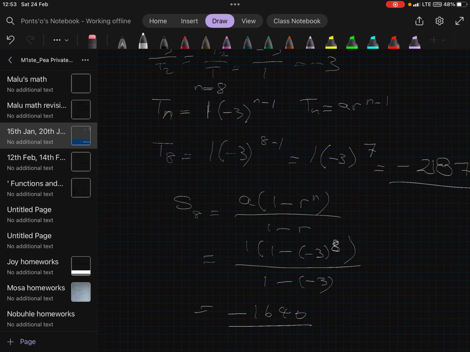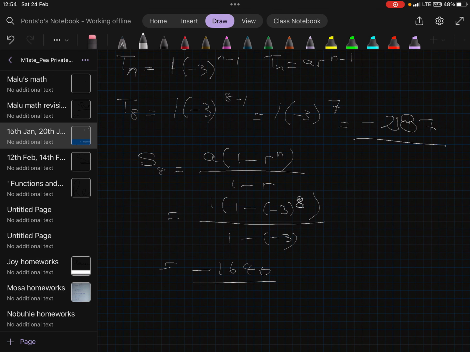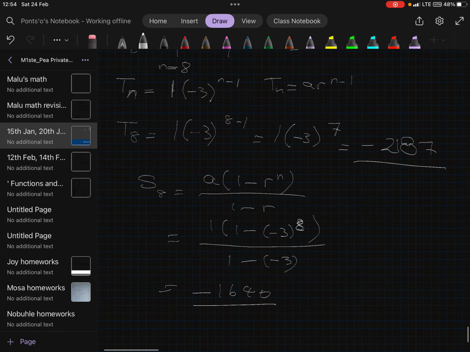So we'll have T subscript 8 equals 1 open bracket negative 3 to the power 8 minus 1. I want you to write that down so that you can follow along.